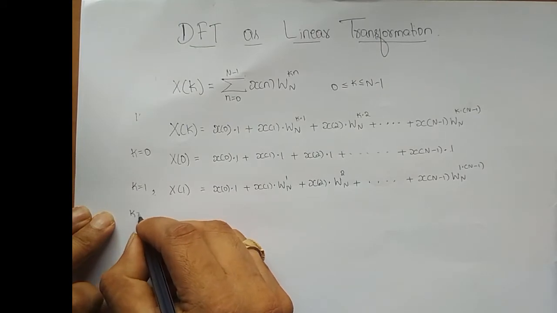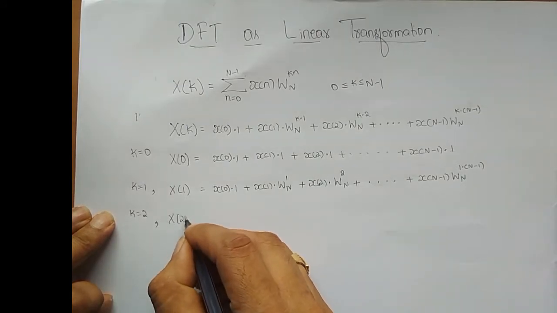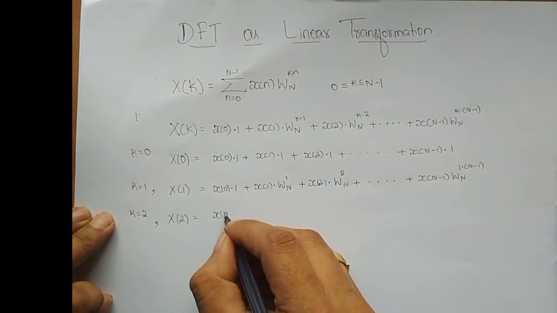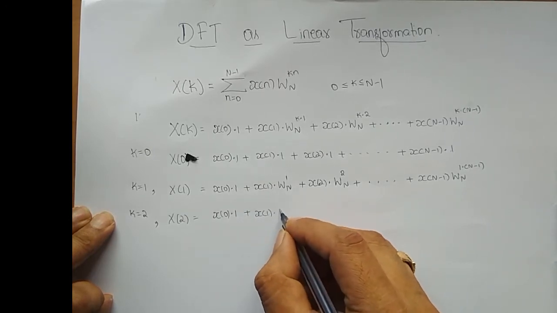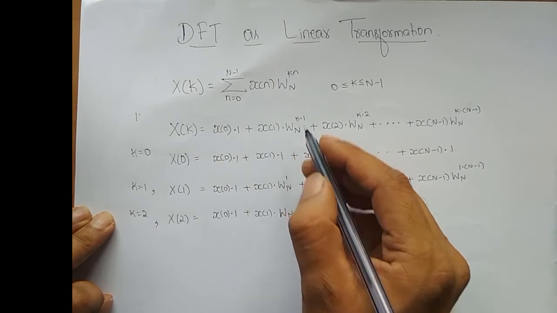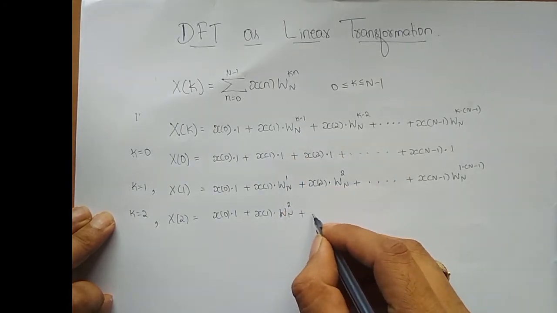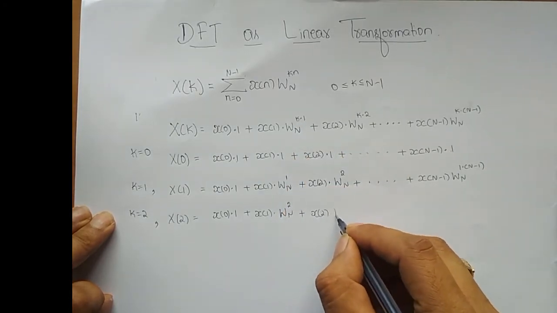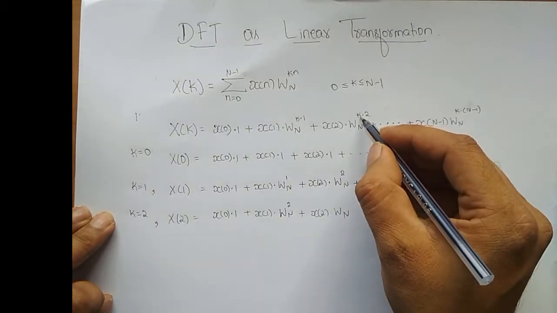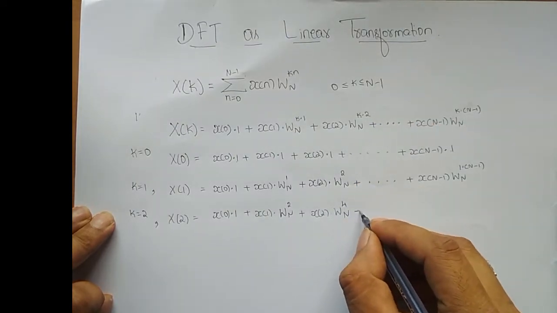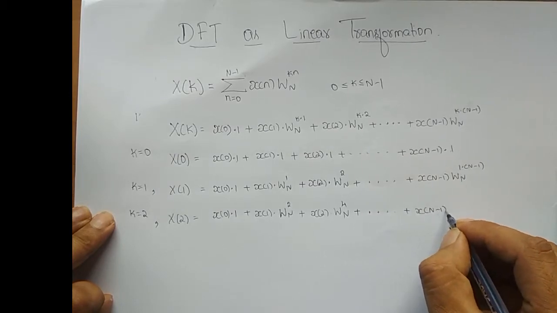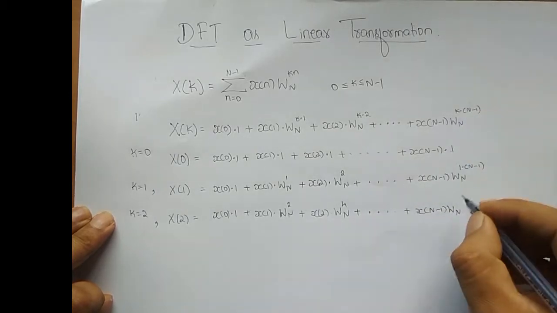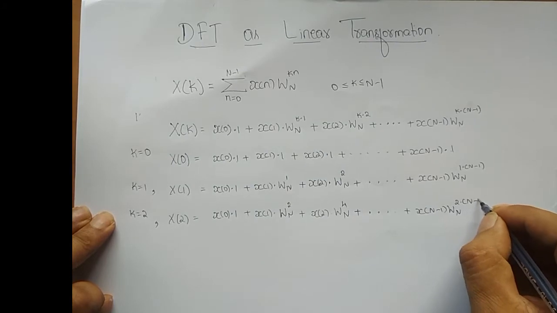So when k is equal to 2, we get X of 2 as x of 0 into 1 plus x of 1 into W_N power 2 into 1, plus x of 2 into W_N power 2 into 2, which is 4, plus dot dot dot, plus x of N minus 1 into W_N power 2 into N minus 1.